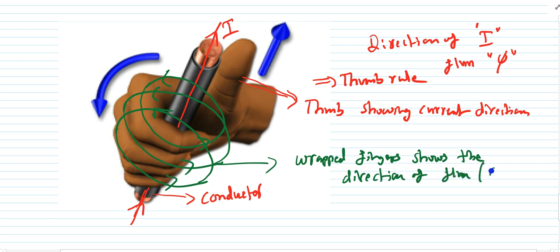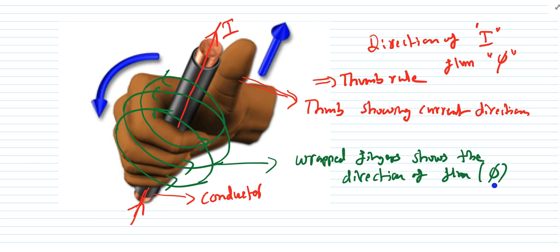That is what is called the thumb rule. Suppose you have the conductor, and if the thumb shows the current direction, then the remaining wrapped fingers are going to show the direction of the flux, and vice versa as well.